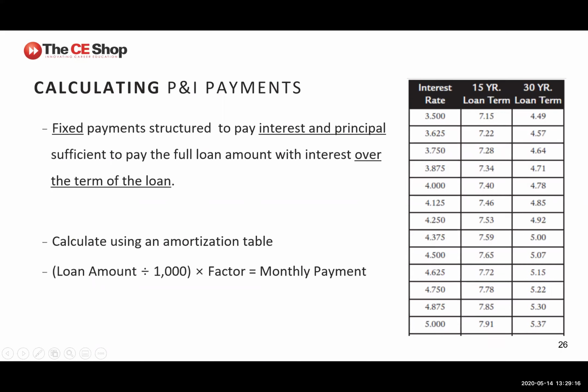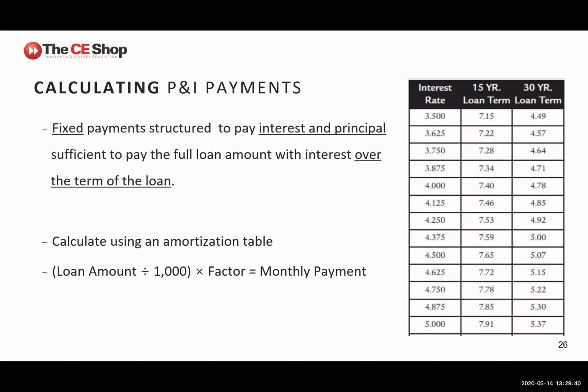This varies from state to state, but calculating principal and interest payments. We're talking about amortized loans here. You're going to have a fixed payment structure where you're paying principal and interest sufficient to pay the full loan amount with interest over the entire term of the loan. Calculations are done using an amortization table.